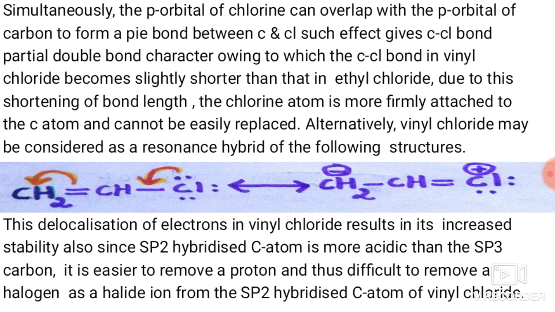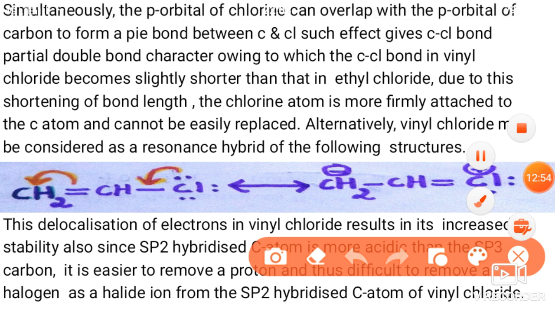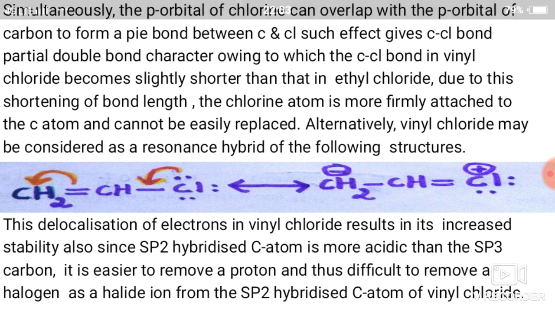Also, since an sp2 hybridized carbon atom is more acidic than an sp3 carbon atom, it is easy to remove a proton from an sp3 carbon atom, but it is difficult to remove a halogen as a halide ion from the sp2 hybridized carbon atom of vinyl chloride.